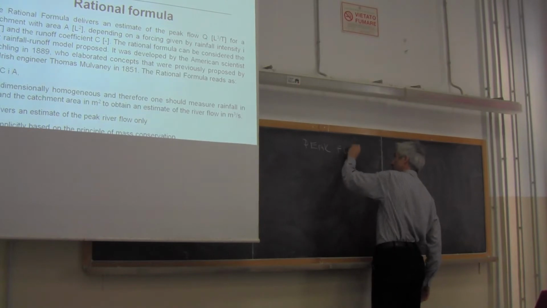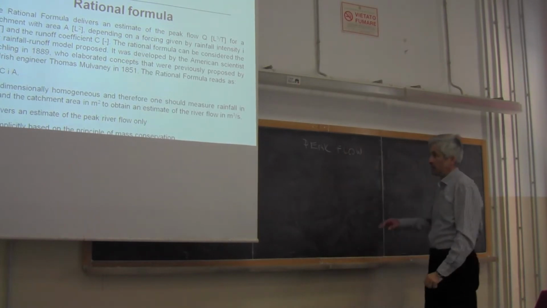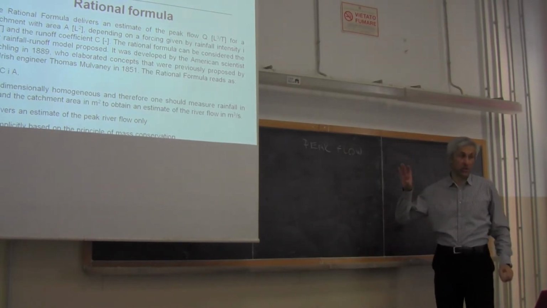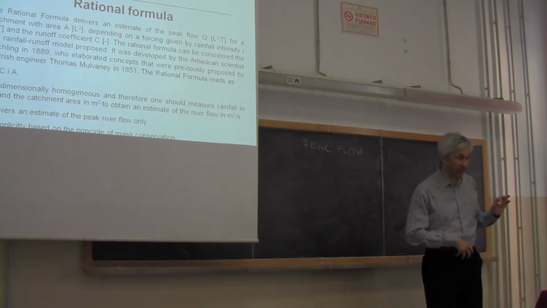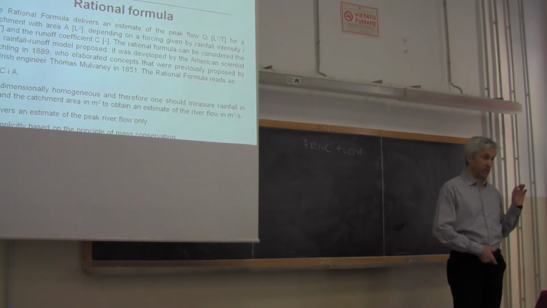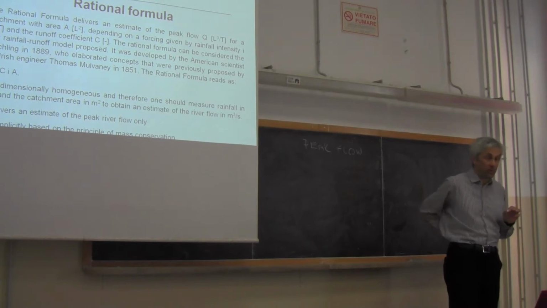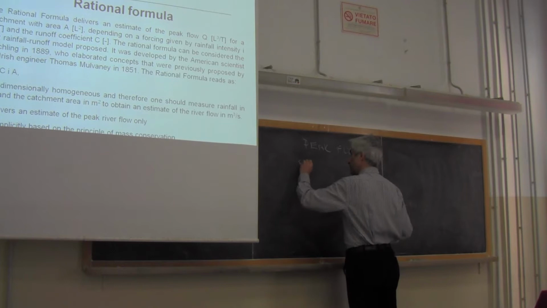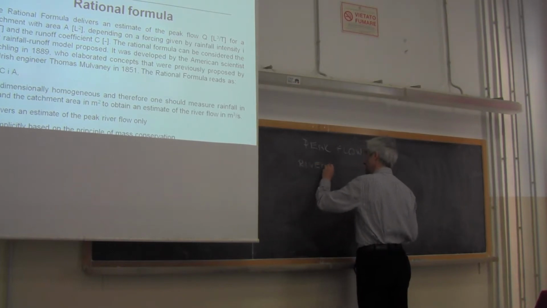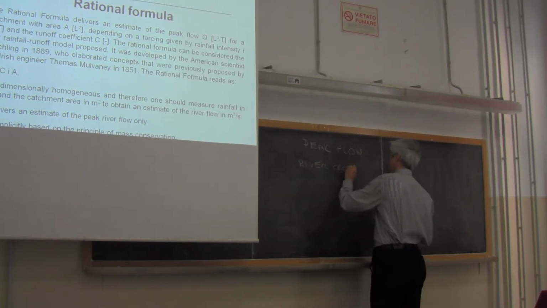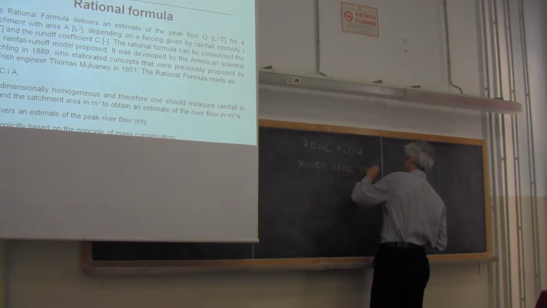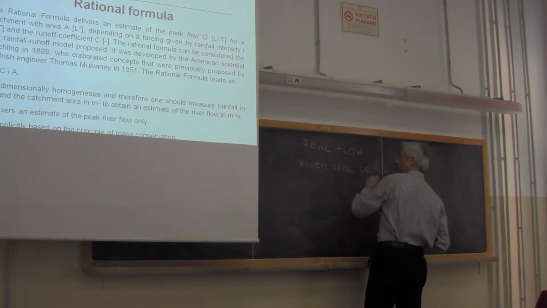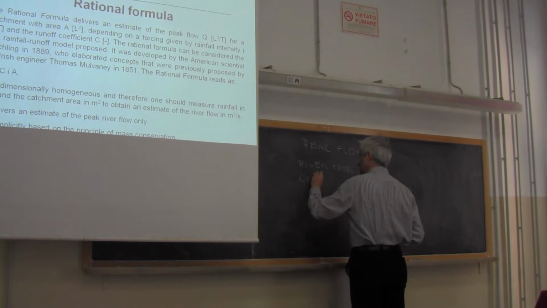Keep in mind that for doing this, we introduced the definition of a reference river cross section, where we want to compute the peak flow. So there is the river cross section that we defined in the first lecture, I think, or second. And we define what is the catchment.